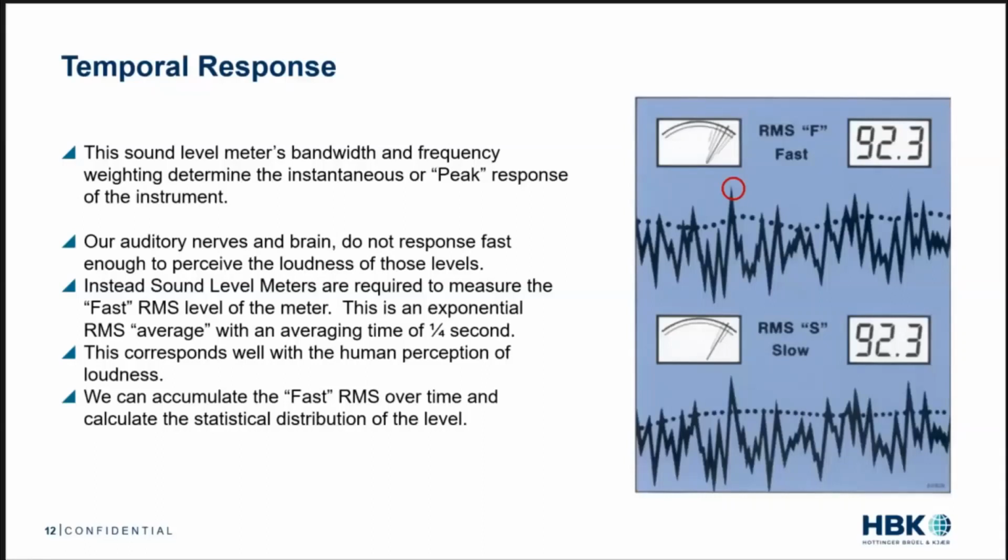The RMS algorithm in sound level meters is specified by the standard to have an exponential averaging time of fast or slow. The names go back to the fast weighting corresponding closely to the apparent perceived loudness of the signal with an averaging time of 1/4 second. It takes 1/4 of a second for the signal to respond to within 97% of its true amplitude.